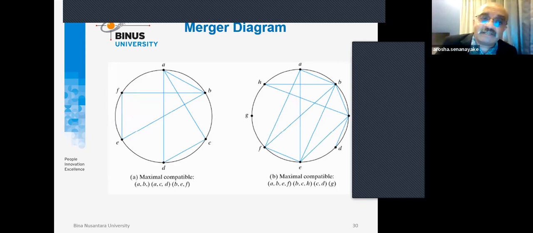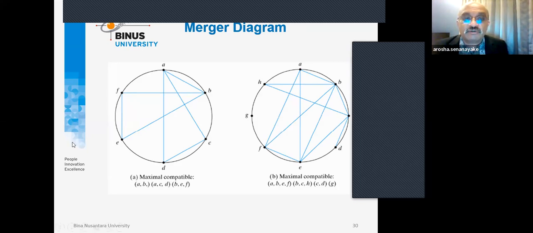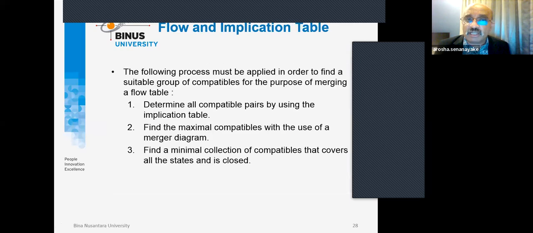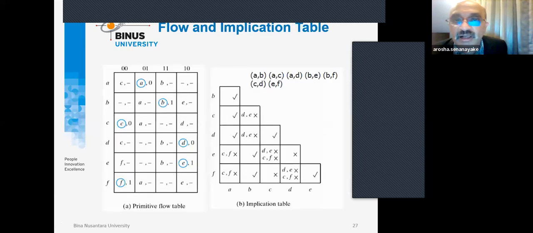So then you can see that first diagram. In the first diagram, we have these compatible states: AB, AC, AD, BE, BF, CD, EF. What we do in the merger diagram is connect each of these using a line.